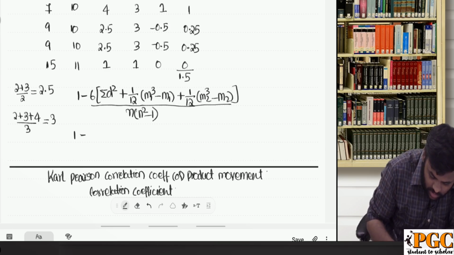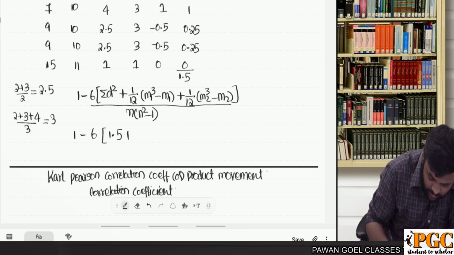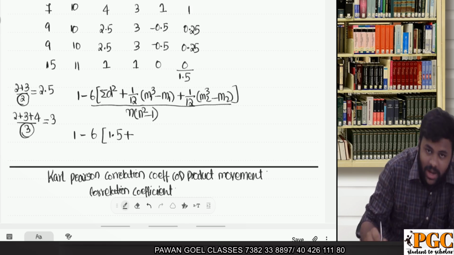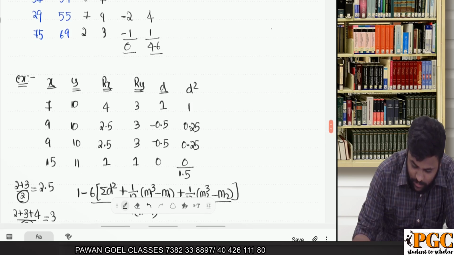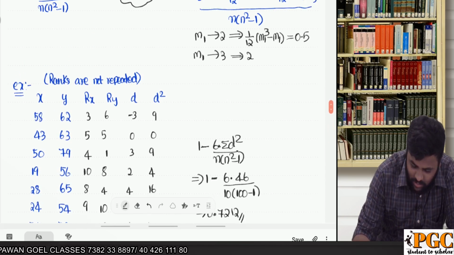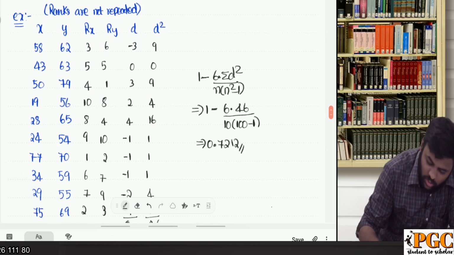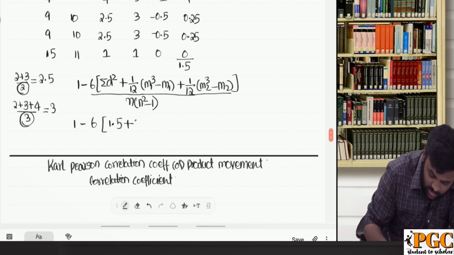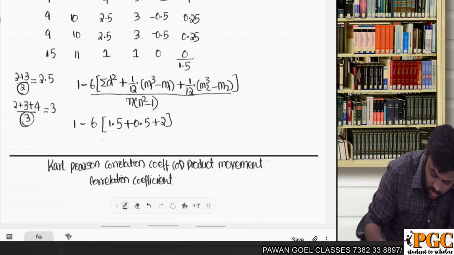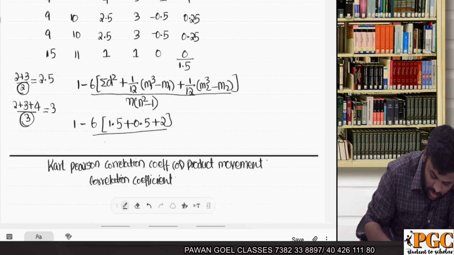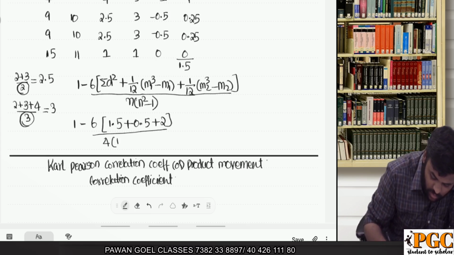That is nothing but 1 minus 6 into summation of d square, which is 1.5. m1 is nothing but these things. m1 is 2 and m2 is 3. If m1 is 2, what is the value, my dear friends? I said, if m1 is 2, the value is 0.5 and 2. So let me take the same thing: 0.5 plus 2, whole divided by n into n square minus 1. n is 4, 4 square is 16 minus 1.